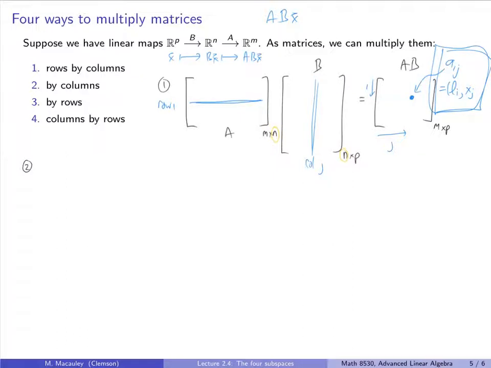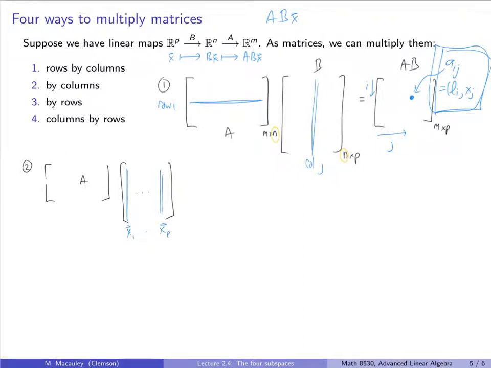However, there are other ways to think about multiplying matrices which are useful in some other contexts. So we can do it by columns. That's the second way. And for this, I might draw this picture a bit smaller this time. So think of this as A, and think of this as B. Now I want you to think about B as a block of columns, so this is x1, and this goes up to xp.